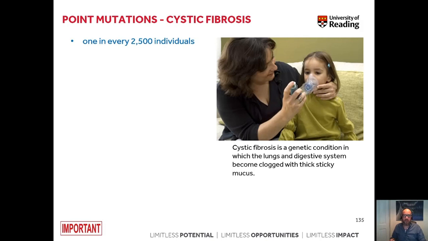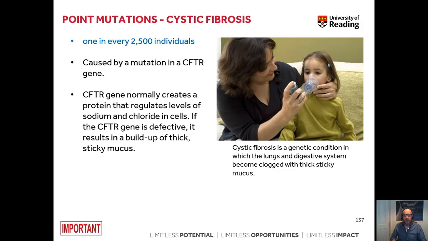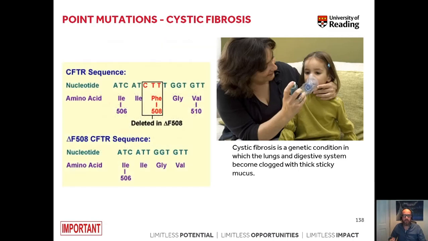The frequency of cystic fibrosis is fairly high because it occurs in 1 in every 2,500 individuals. It is caused by a mutation in the so-called CFTR gene. The healthy CFTR gene normally creates a protein that regulates the level of sodium and chloride in the cells. If this gene is mutated, it results in build-up of a thick and sticky mucus.